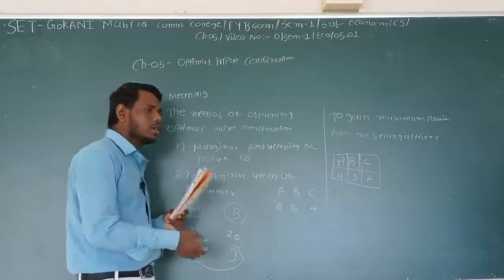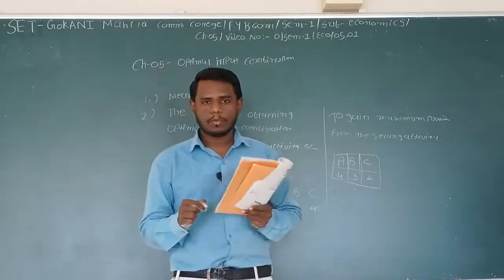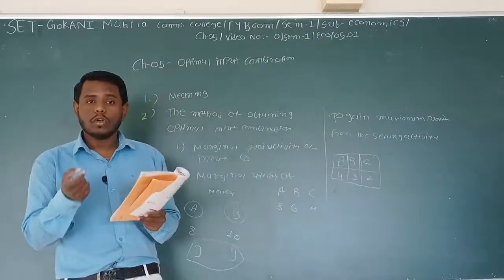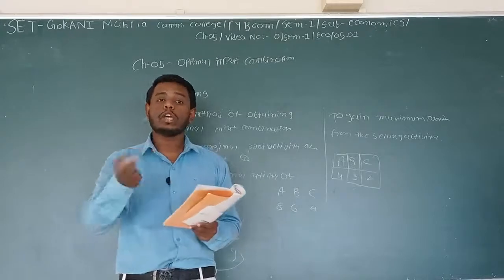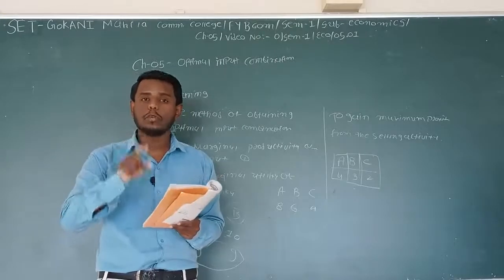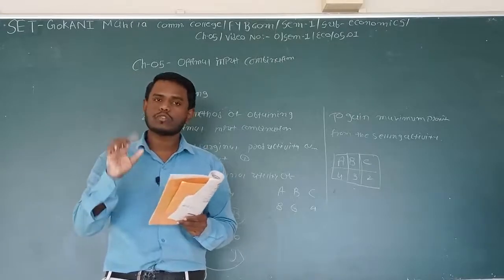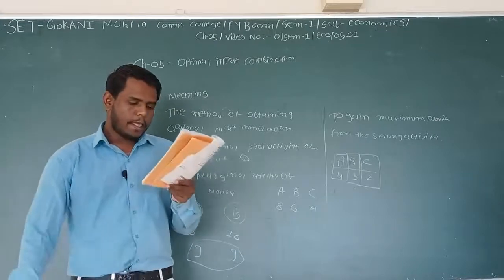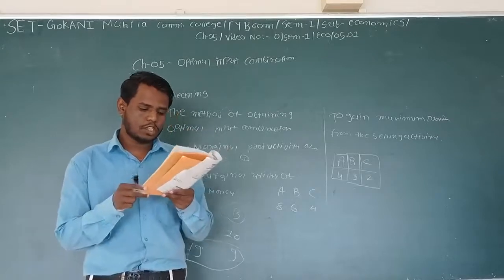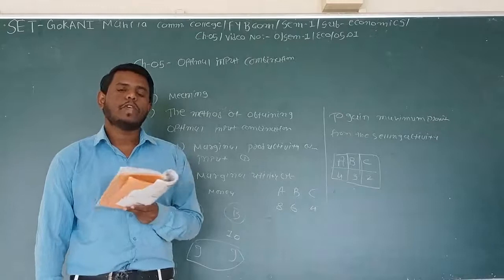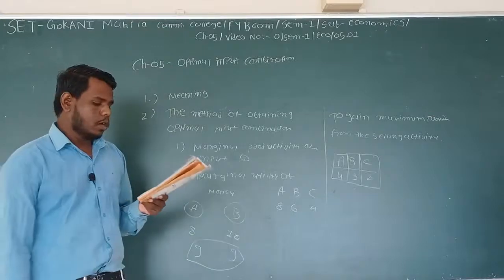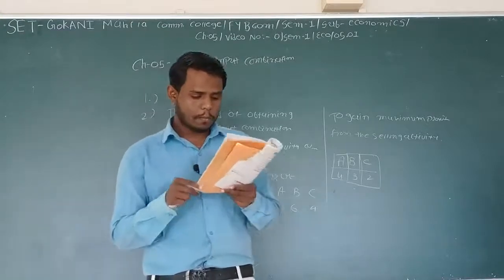But for now, you just need to understand that when the marginal productivity of a particular input and the marginal utility of the cost you incur on that input become the same, that point is the optimal input combination for you. In such circumstances, production cost is minimum. When you choose the optimal input combination point, your production cost is minimum.